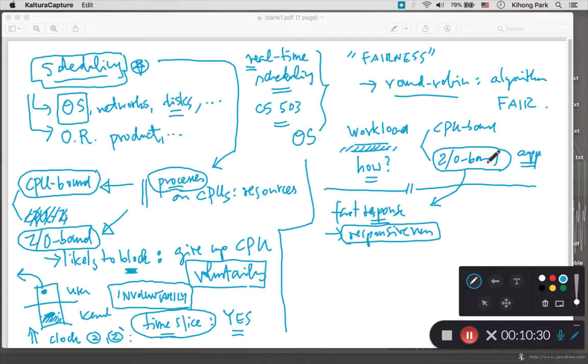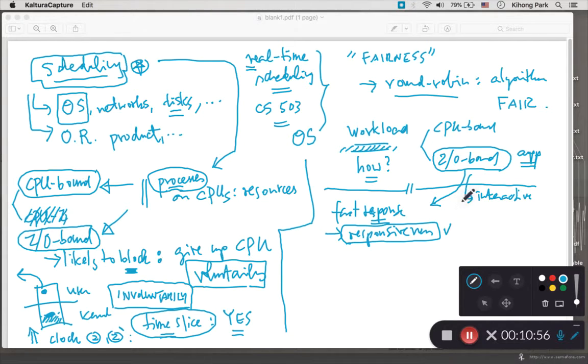And again, those are varied, but oftentimes interactive apps tend to fall in this category, they want to have responsiveness. So if you're clicking on your mouse and you are now going to browse the web, then you don't want your mouse to be sluggish. You want there to be fast responsiveness.